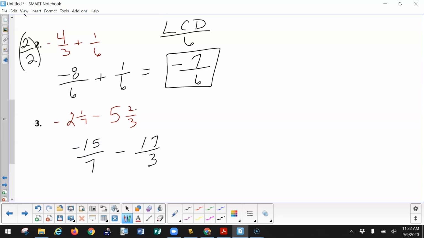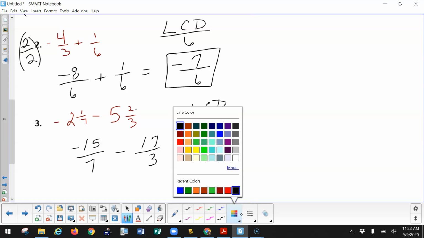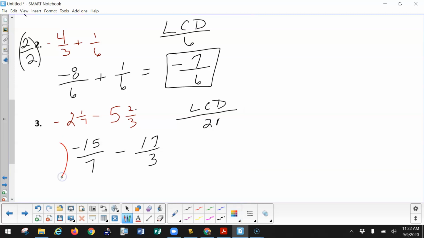And then identify my least common denominator. So between a 7 and a 3, we're going to have to use a 21. I have to multiply this fraction by 3 over 3 because my 3 times my 7 will give me my 21. And this fraction I have to multiply by 7 over 7.